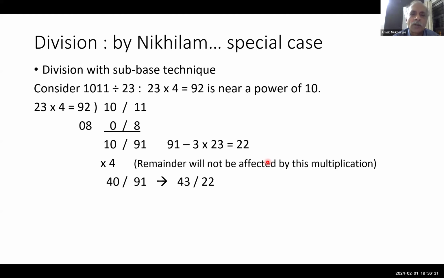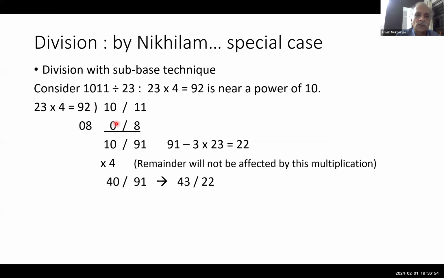So 23 into 4, I find it is near a power of 10, 92. So first I simply divide 1011 by 92. So 92 is 8 short, and preserving the number of digits, it is 08 short.